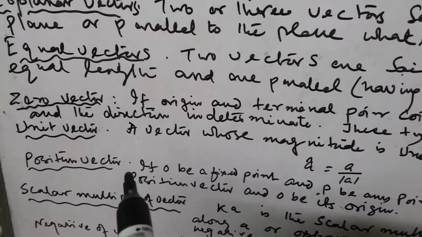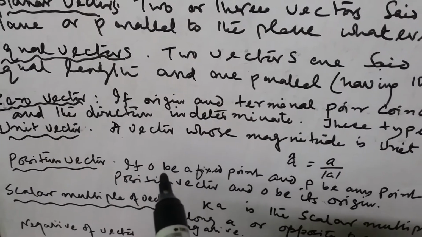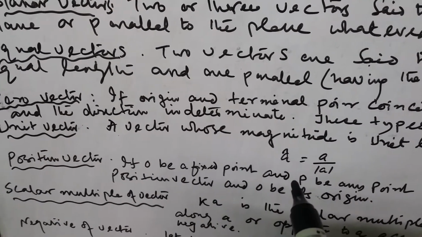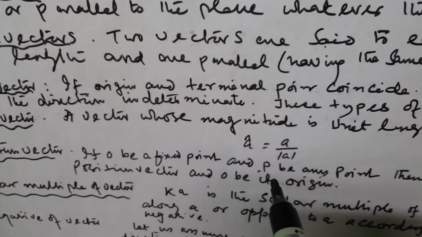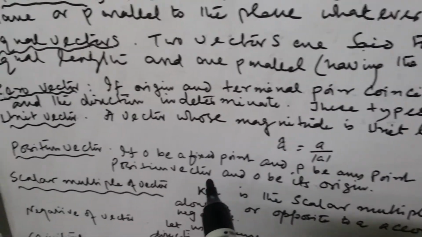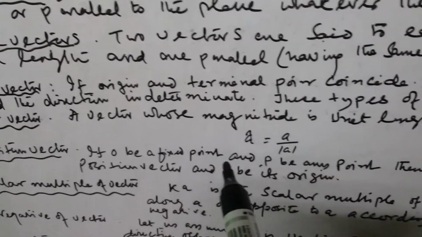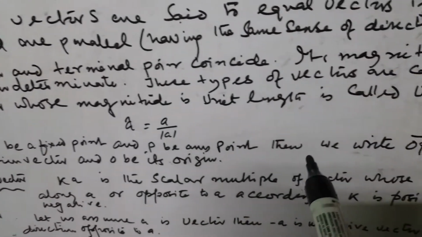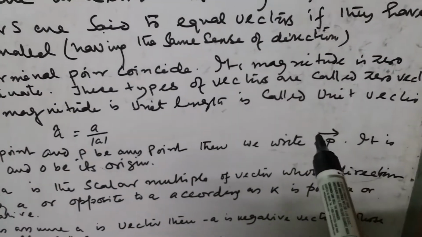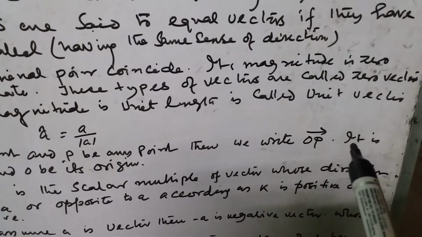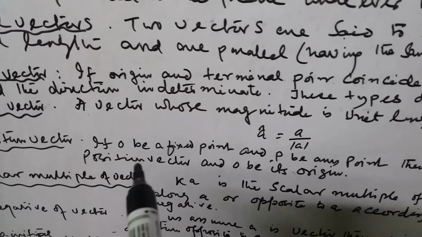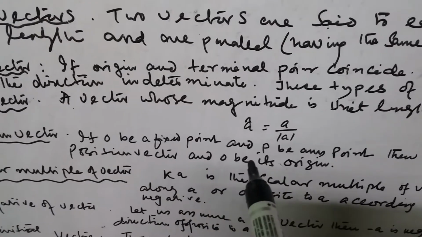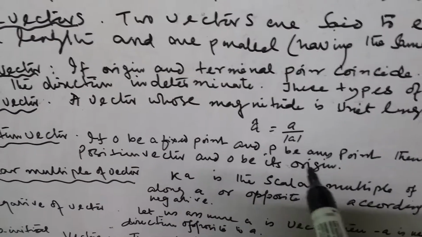If O is the initial point and P is any terminus point, then OP is the position vector. O is the fixed point and P be any point, then we write OP bar, and it is called the position vector, with O as its origin.